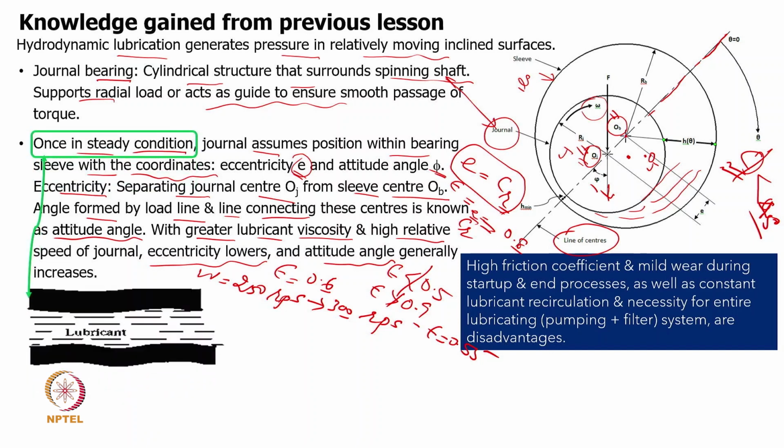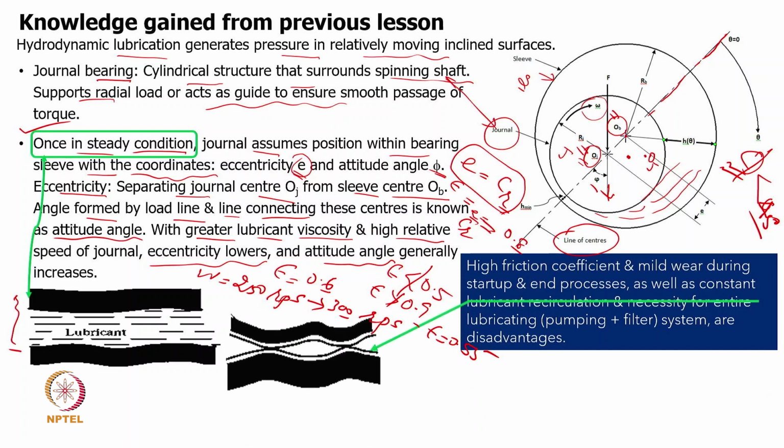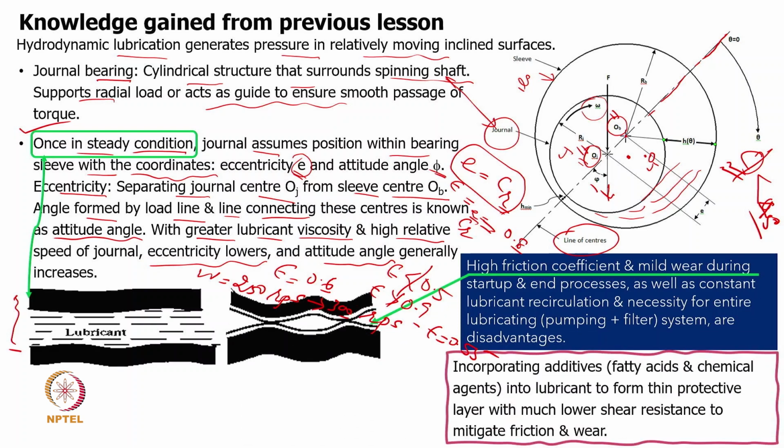Now let me indicate again here, once the journal occupies a steady position, we will be able to get a thick lubrication. However, there is always an issue. We say high friction coefficient and mild wear during startup and shutdown, that means the transient process, is one of the drawbacks.